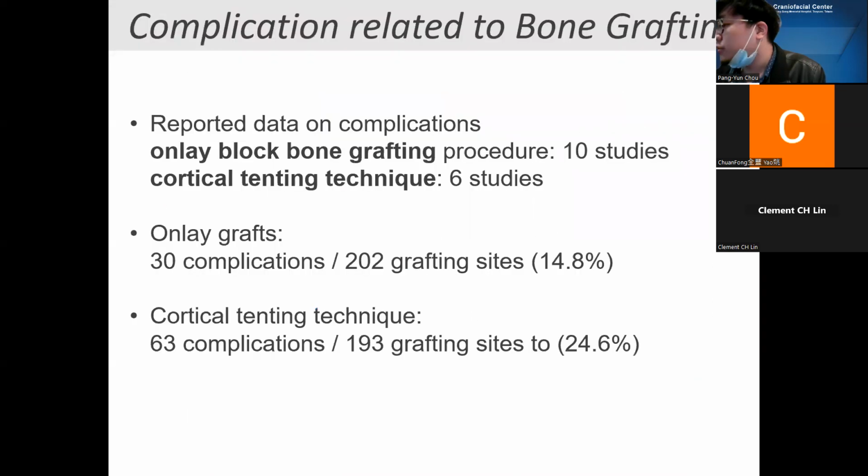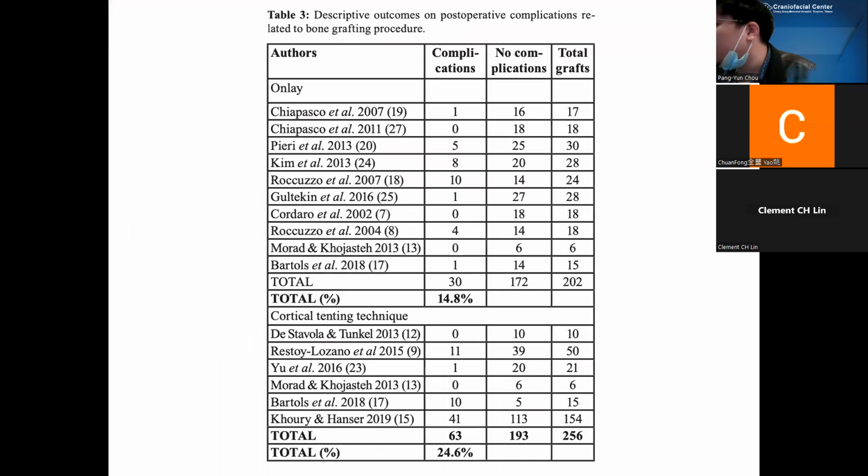For complications related to bone grafting, onlay grafts had 30 complications from 202 grafting sites in 10 studies, and the cortical tenting technique had 63 complications from 193 grafting sites in 6 studies. And these are all the studies that listed the post-op complications.